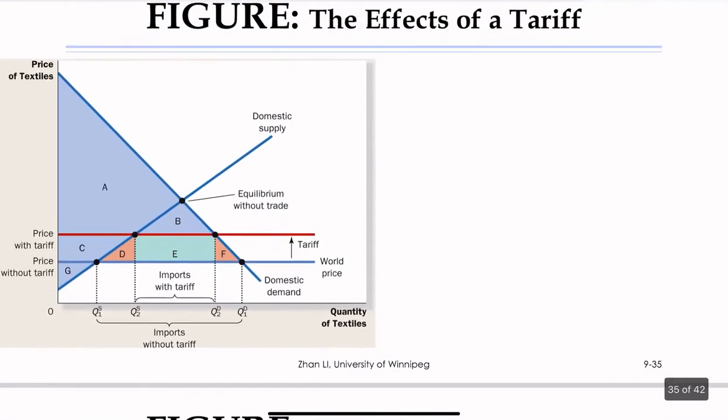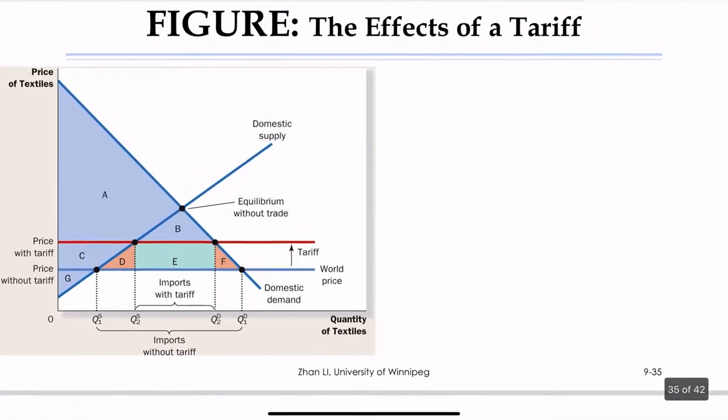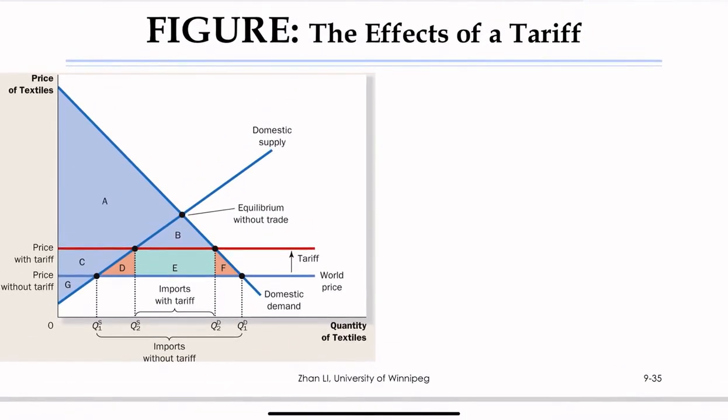So now let's look at what would happen to price if a tariff is imposed. First, we will only consider the case where the country is an importer, right? So in this case, without a tariff, the domestic price will be the same as the world price. Now, what happens if there is a tariff?